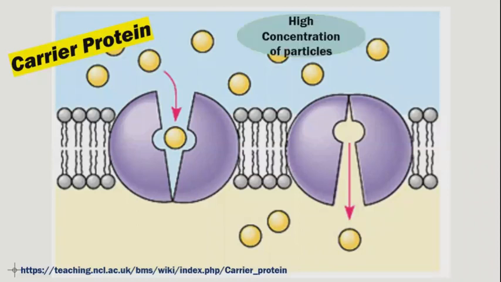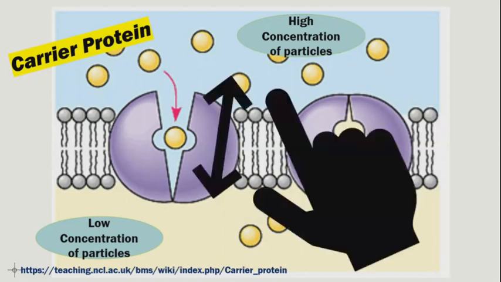So you can see here high concentration of particles through the carrier protein to a low concentration of particles. A common example of carrier-mediated diffusion is the movement of glucose into the cell where it is used to make ATP. But let's zoom back out and look at what we know so far.